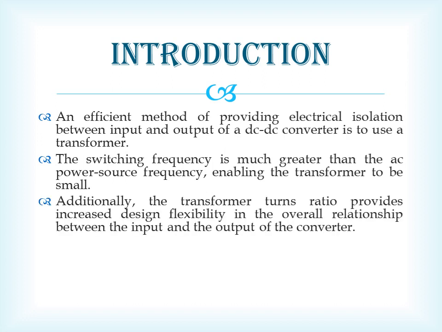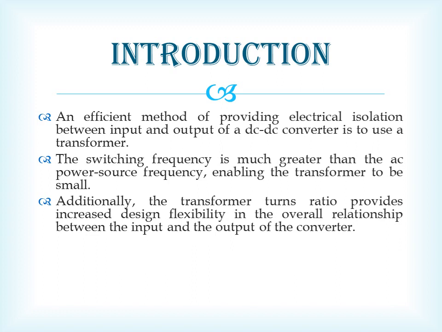Second is that the circuit design becomes more flexible by introducing a transformer. Why? Because we have another parameter N1 upon N2, which is the turn ratio of primary and secondary, which we can also use in setting the voltage which we require from the circuit.